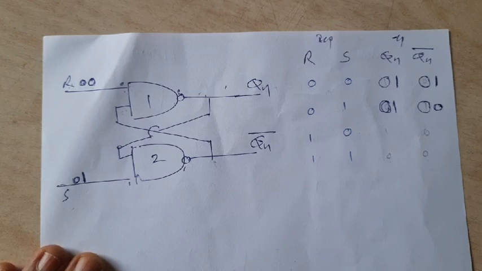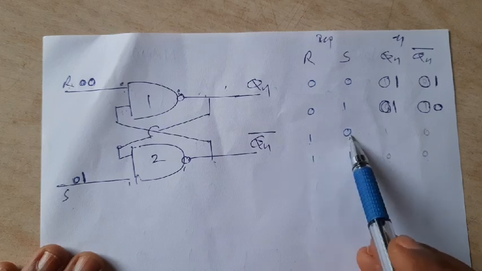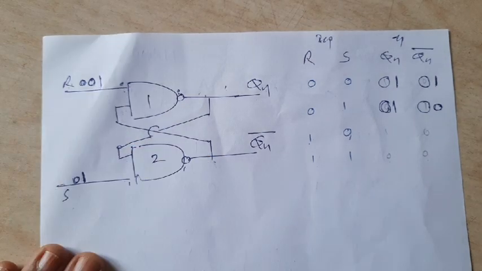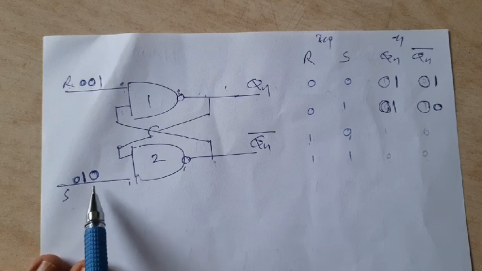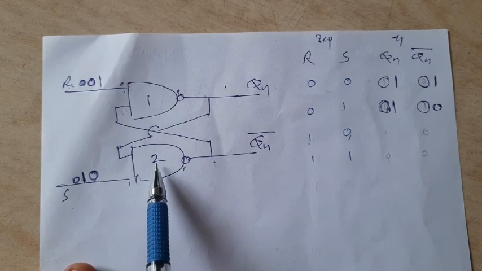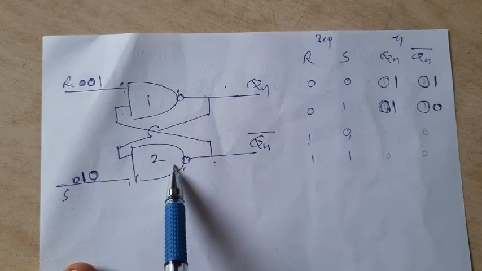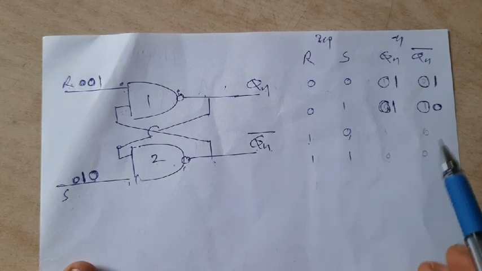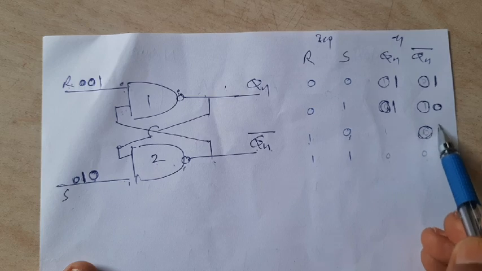Then you can say that if it is 1 0, that means R is equal to 1 and S is equal to 0, then as S is equal to 0, one input to the second NAND gate is 0, so Qn bar is equal to 1. Check.